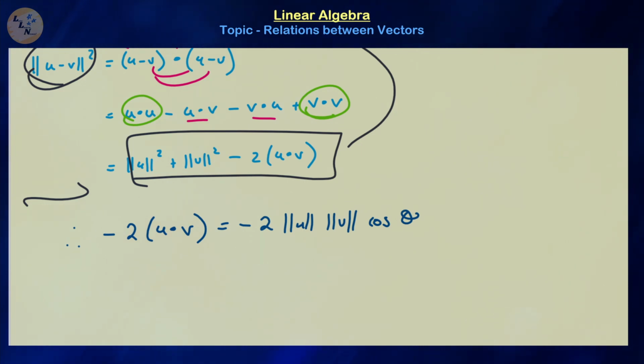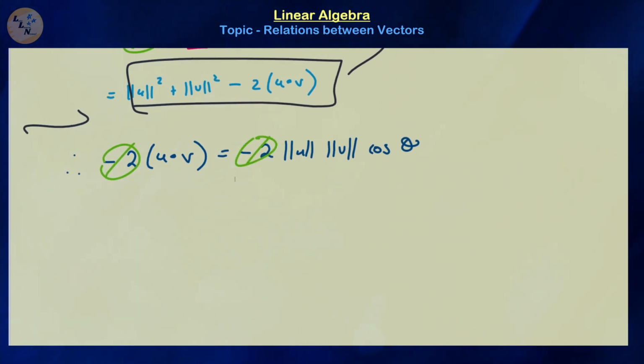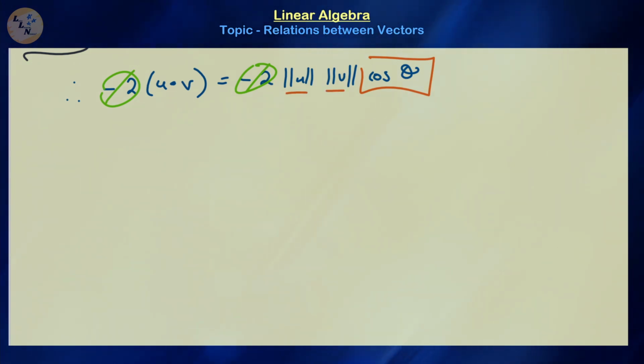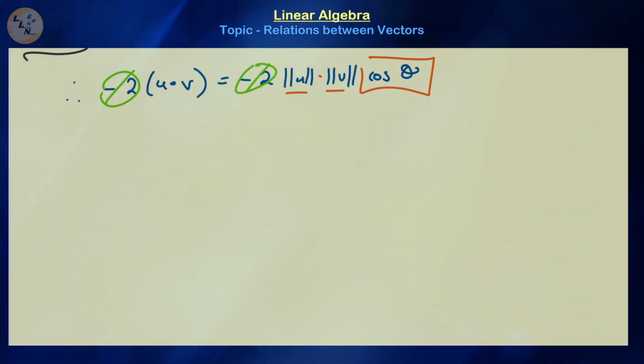Now we can cancel these minus 2's because that's on both of these sides and everything's being multiplied by one another. And then we can solve this equation for cosine of theta by dividing both sides by the norm of u and the norm of v multiplied by one another. So when we do this, we have to mandate that both u and v are not zero vectors because the norm of them would be equal to 0 and dividing by 0 is bad.